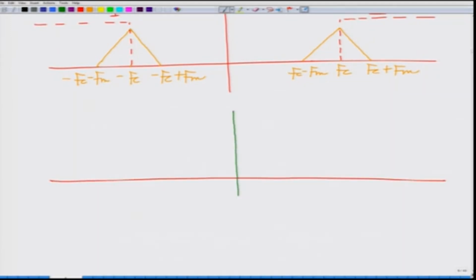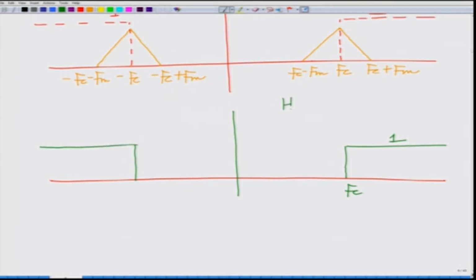If I do, now you can see, this is 1 for magnitude of f greater than or equal to Fc.